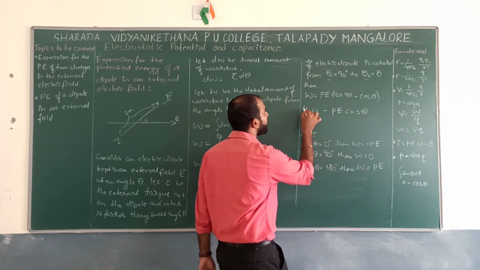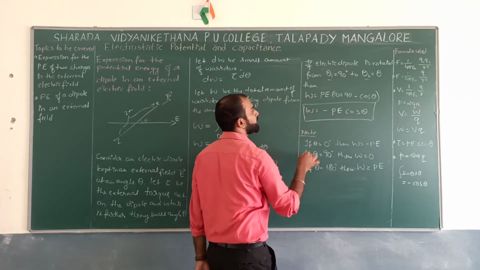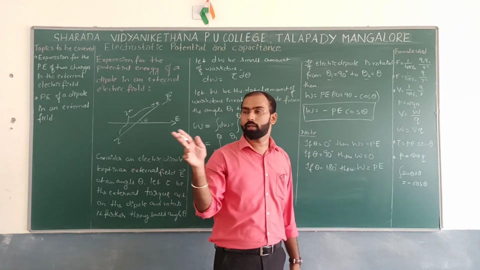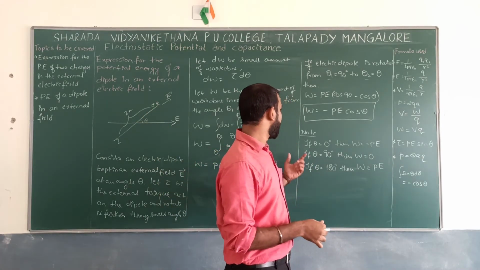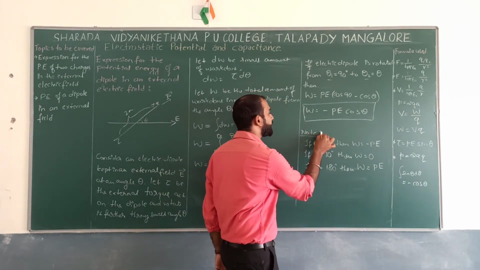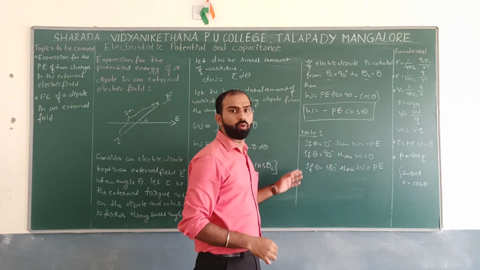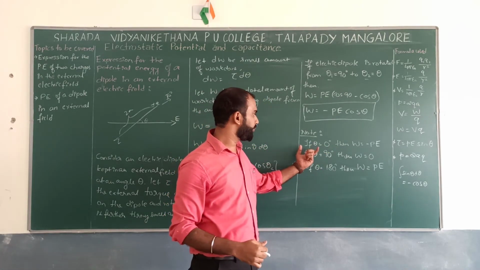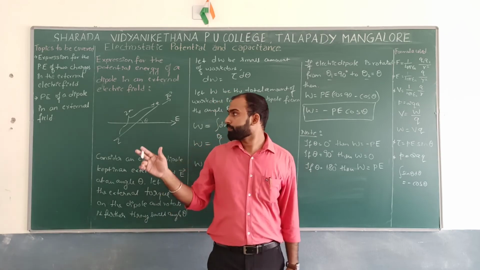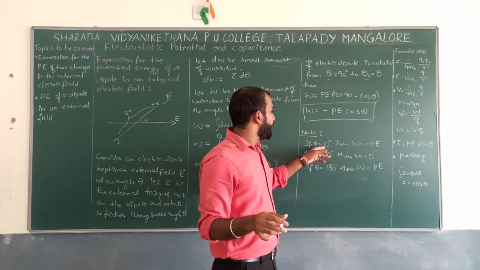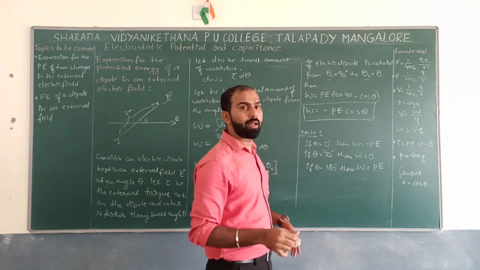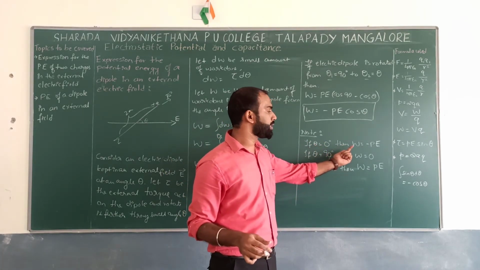So this is the work done I can expect when you keep your dipole under the region of external electric field over here. And one more thing, there are certain notes we are supposed to note down over here. That is, if the angle is 0 with respect to the external electric field, what is the work done I can expect?